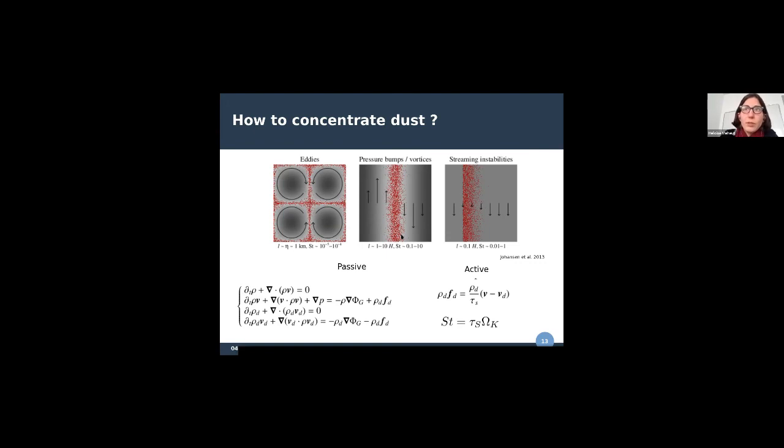So we include the back reaction of the solids onto the gas, as shown in the equation below. In this case, there is an unstable process because the solids tend to slow down the gas, which again tends to concentrate the solids, and we have higher and higher density, and maybe a density high enough to have a gravitational collapse.